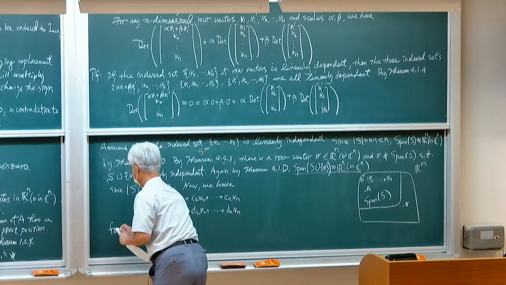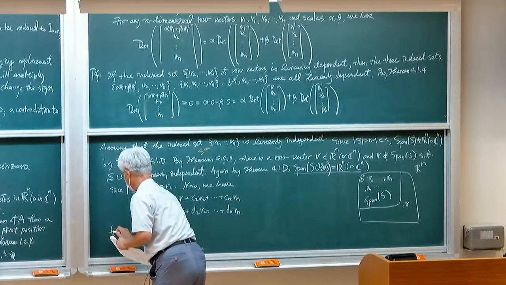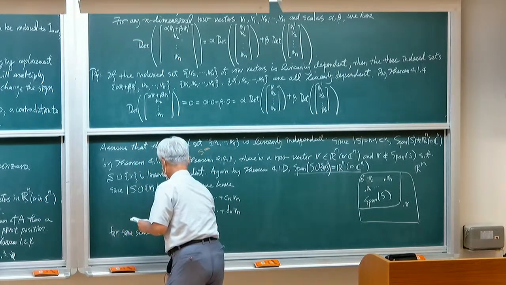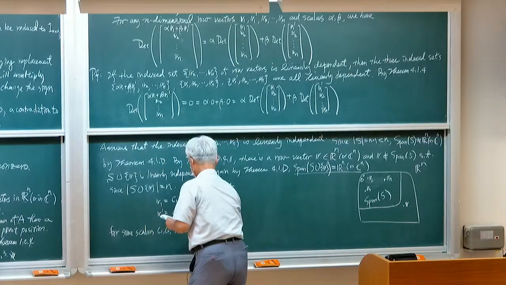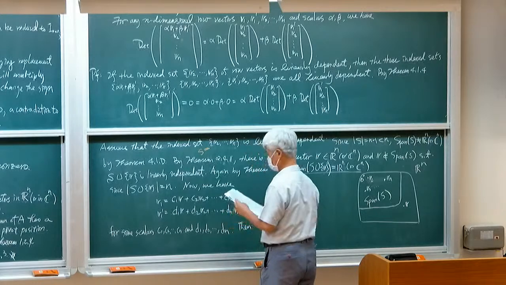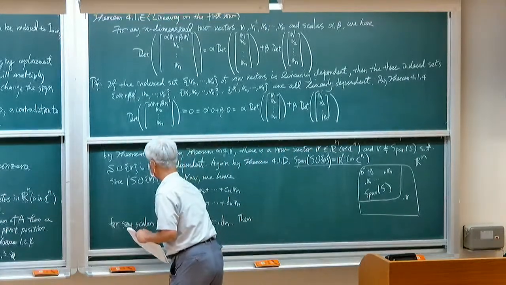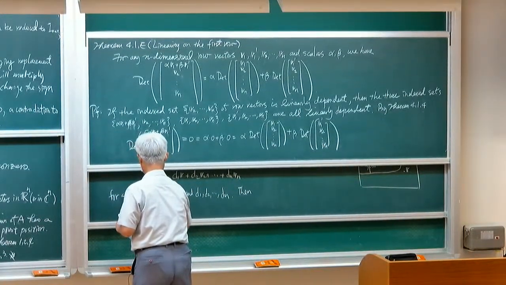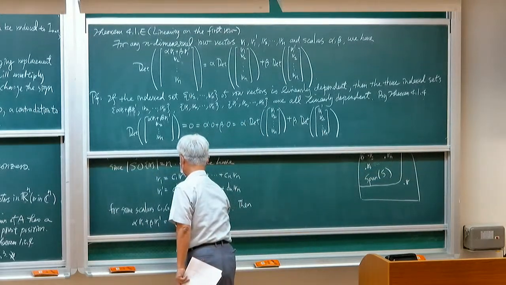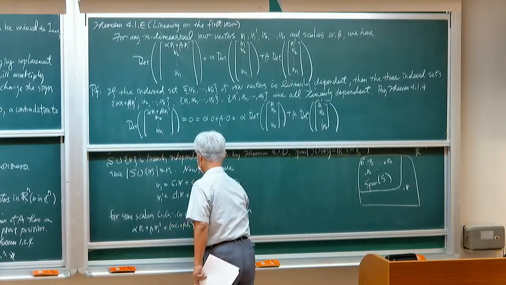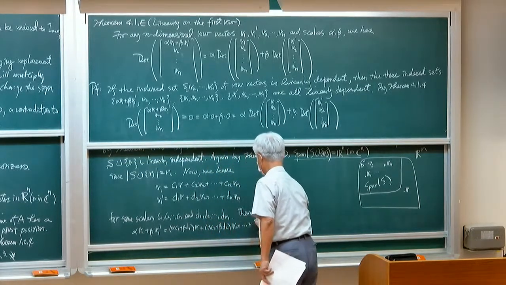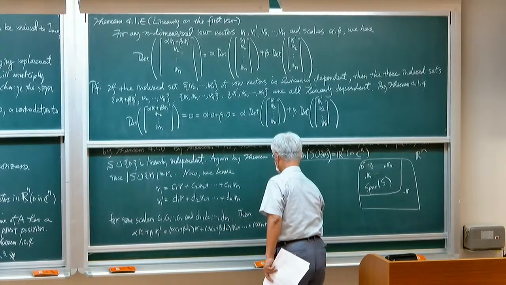Okay, so for some scalars C1, C2 up to Cn, and D1, D2 up to Dn, the linear combination of R1 and R1 prime becomes alpha C1 plus beta D1 of R plus alpha C2 plus beta D2 of R2 plus and so on plus alpha Cn plus beta Dn of Rn.